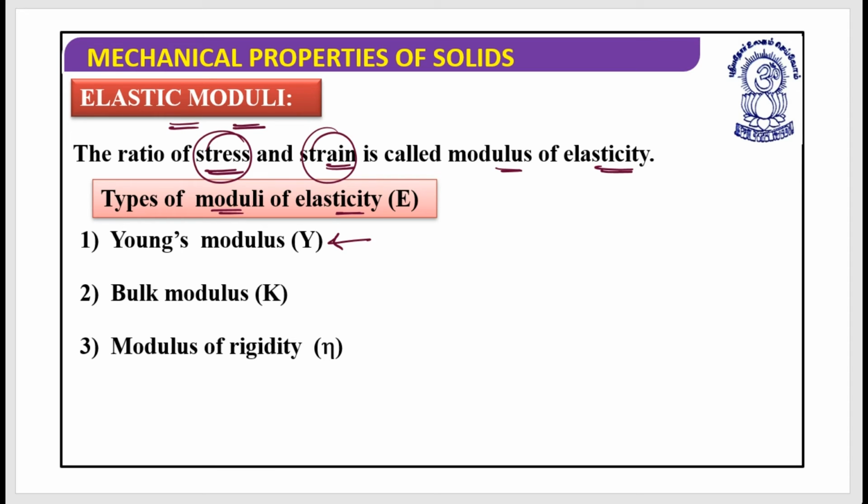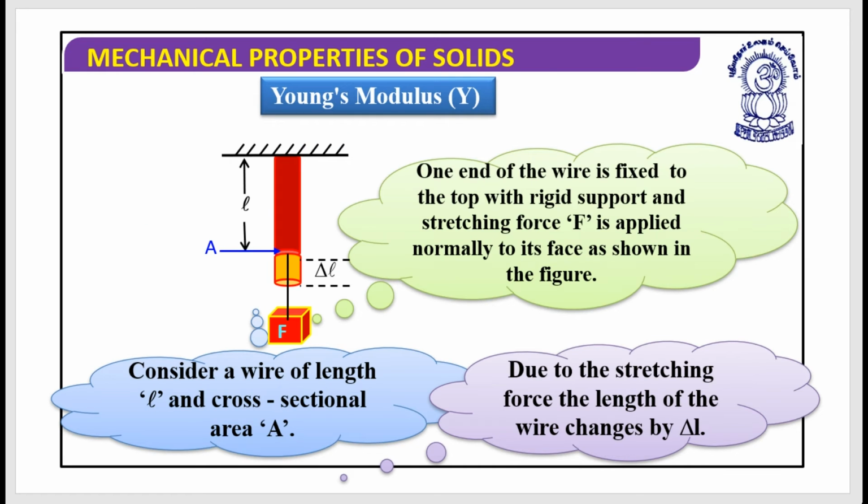One is the Young's modulus, another is the bulk modulus, generally denoted as B, but some authors write it as K, and the third is the modulus of rigidity, that is N. First, we are going to discuss Young's modulus, and then we will move to the next two.